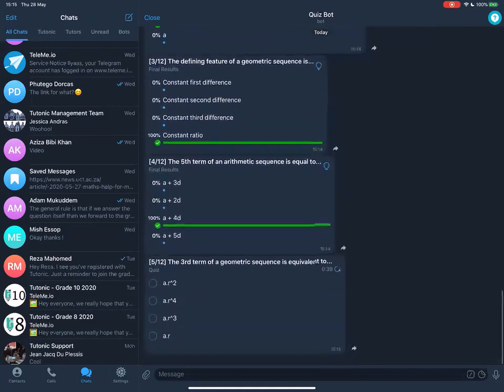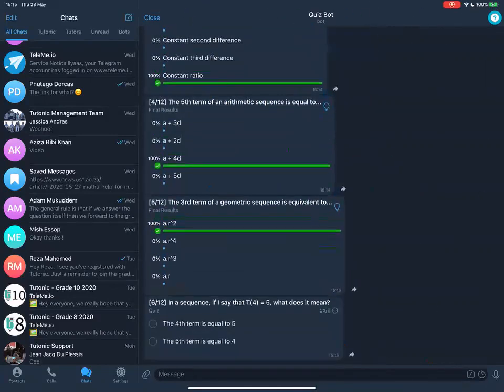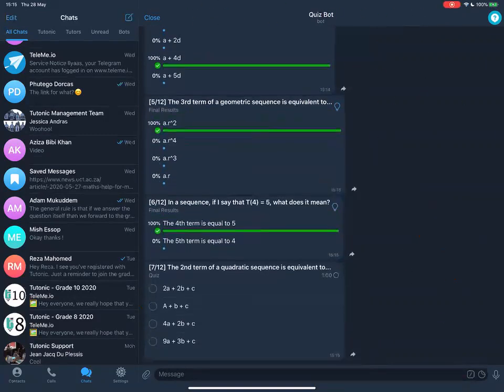If you get anything wrong, you can easily go back to the concept video and learn that part again. The third term of a geometric sequence is ar squared, because it's ar to the n minus 1, so you're subbing in 3. In a sequence, if I say T4 is equal to 5, it means the fourth term equals 5, because you're subbing in 4. And the second term of a quadratic sequence, what must you do?